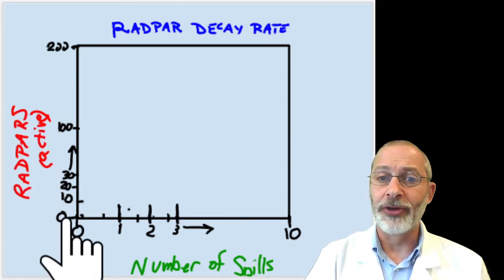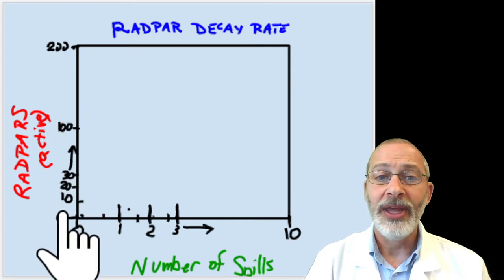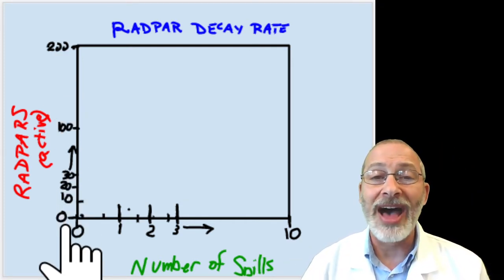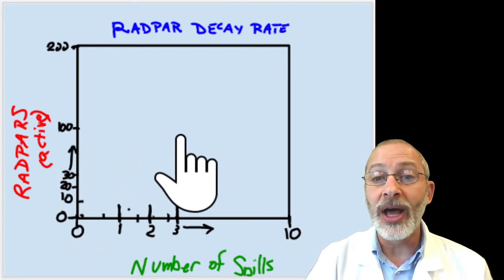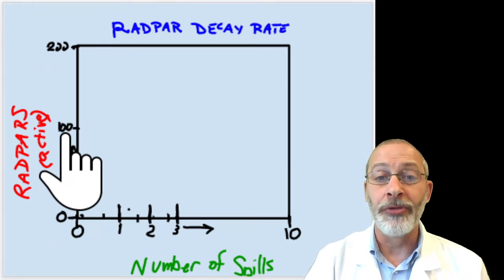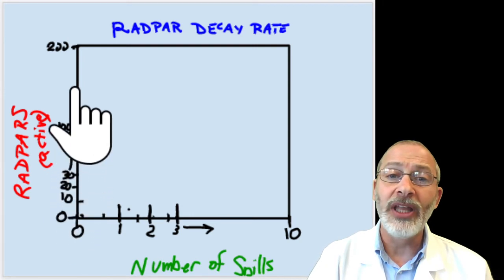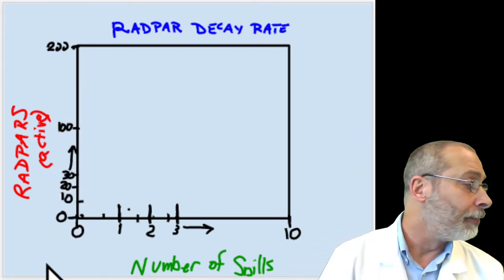And it's going to go from 0 on the bottom to 200 at the top. Each of the lines will have a value of 10 Radpars. So that bold middle line is the halfway point. That is 100 Radpars. So take a moment and label all of the lines, counting in intervals of 10 from 0 to 200.